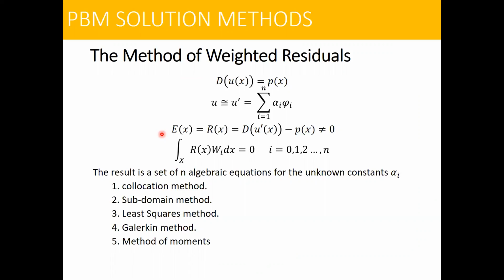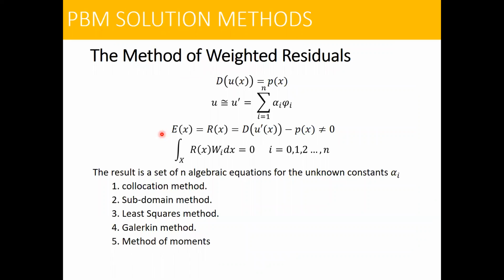The result is a set of n algebraic equations for the unknown constants alpha. There are at least 5 weighted residual submethods according to the choices for the weight functions. These 5 methods are the collocation method, subdomain method, least squares method, Galerkin method, and method of moments.